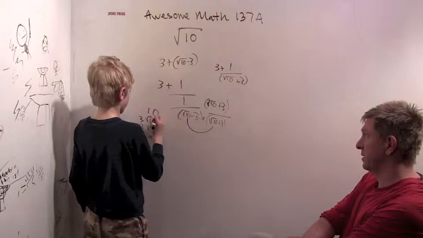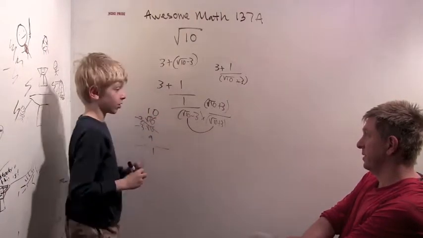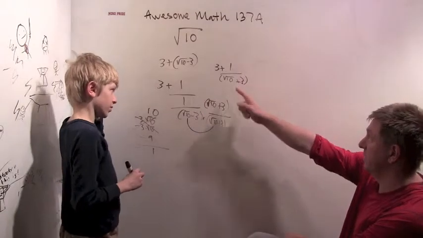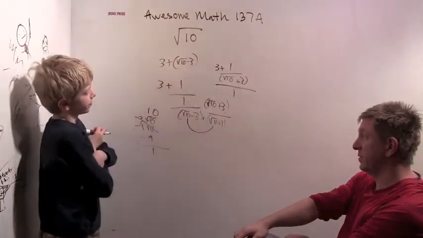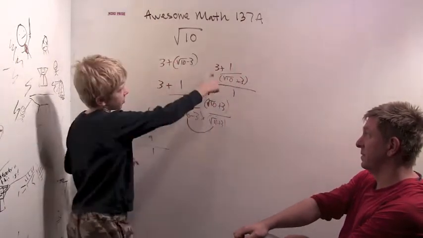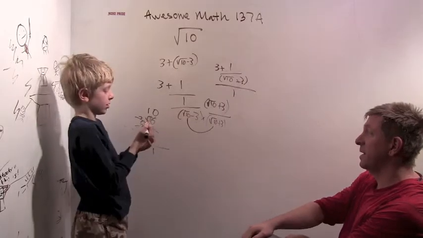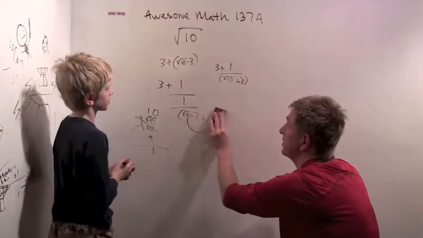So these cancel. 10 minus 9 gives us 1. So it's over 1. And what does it mean when we divide by 1? Well, it just goes to 3 plus 1 over the square root of 10 minus 3. It's like it's not even there. So all of a sudden we find ourselves here now.